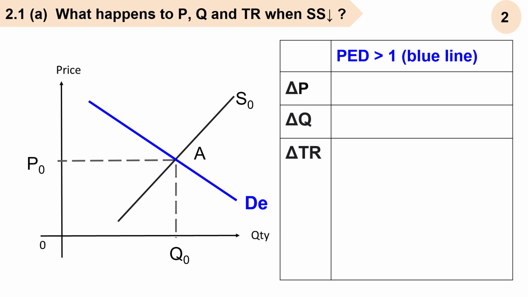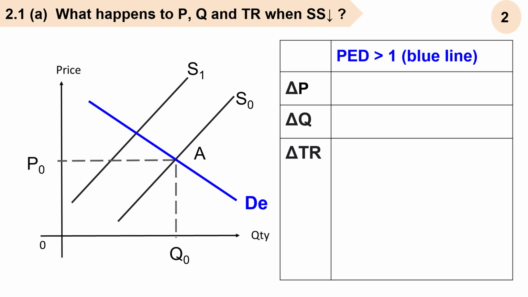So let's explore what would happen when we have a decrease in supply. So there is a fall in supply from S0 to S1, okay? The diagram is already printed for you, so I don't think there's anything to copy for the diagram. So there's a fall in supply from S0 to S1.